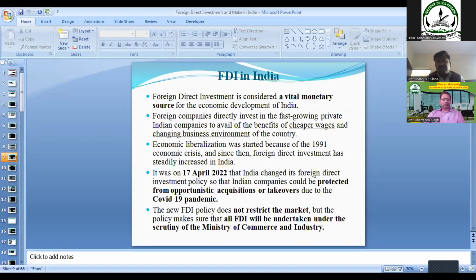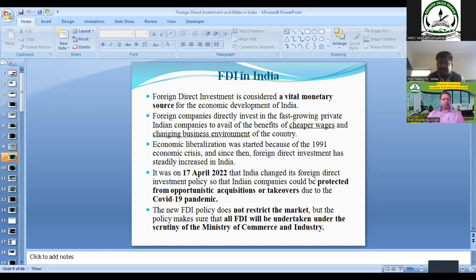Particularly in the last 3 decades, we can see our economy has been liberalized, particularly for the attraction of foreign investment, and we have a large market size. So we are attracting a large amount of foreign direct investment in India, and it is considered the best destination for investment in India.